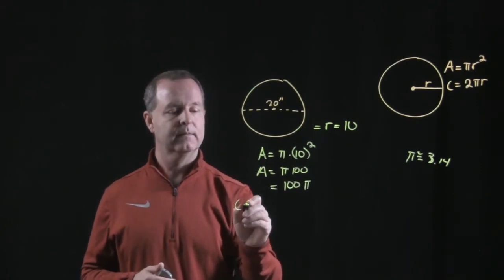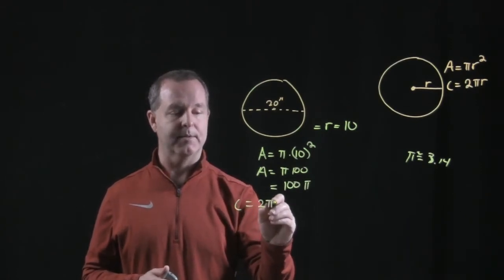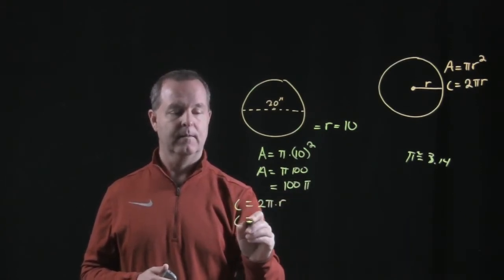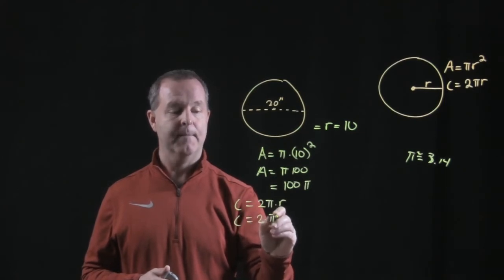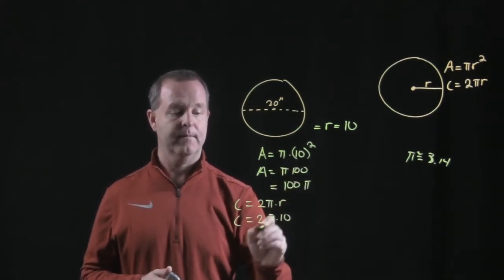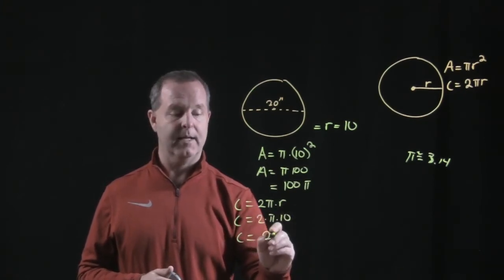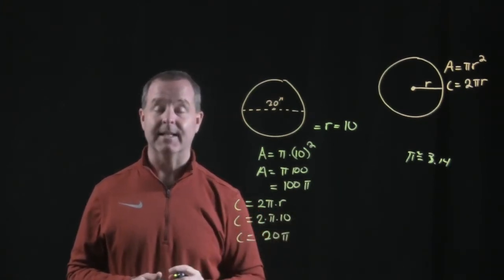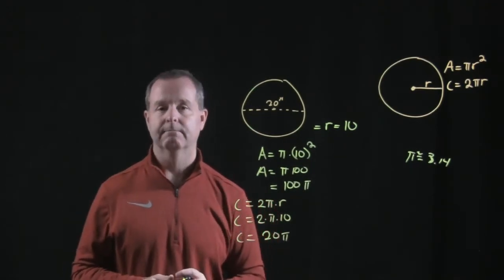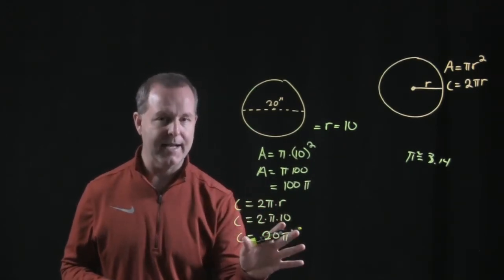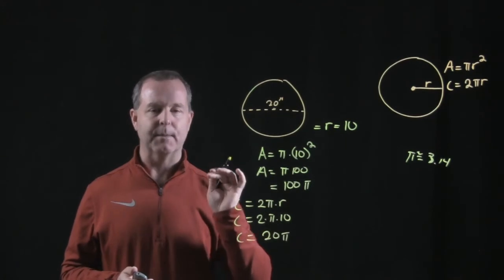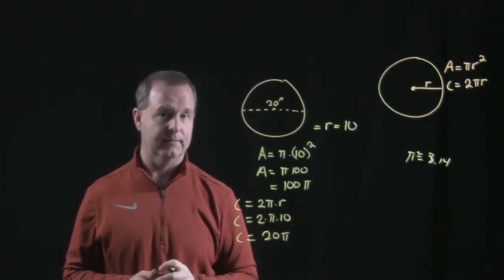Circumference was 2 times pi times r. So that's 2 times pi times the radius, which was 10. Collect like terms, the 2 and the 10 become a 20, and its circumference is 20 pi. Again, I love that answer. That's an exact answer. That's a perfectly acceptable answer.